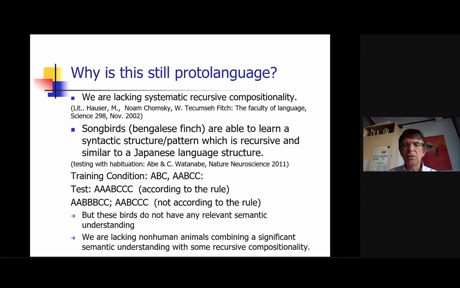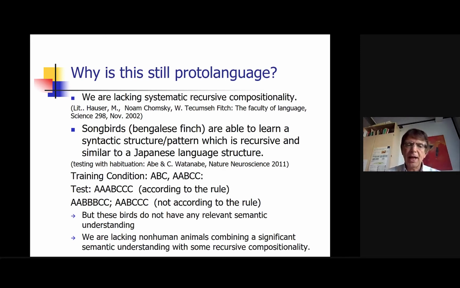So these birds do not, but the observation is there seems to be at least something like an interesting recursive syntactic pattern recognition, but these birds do not have any relevant semantic understanding.